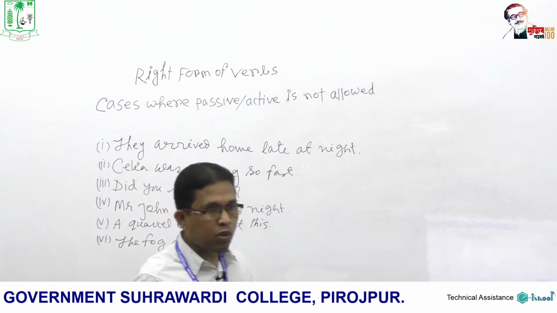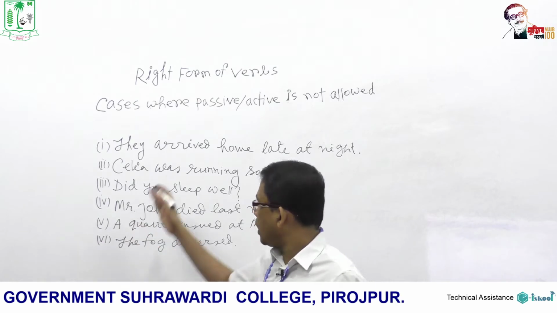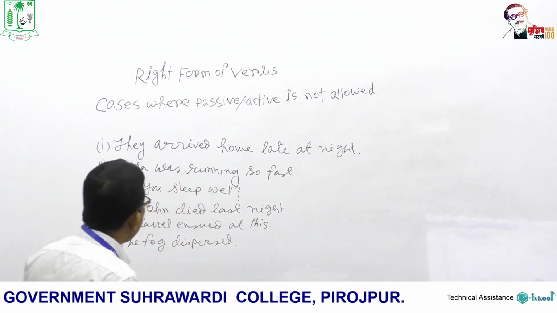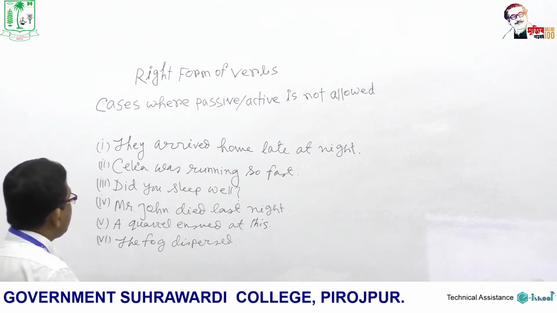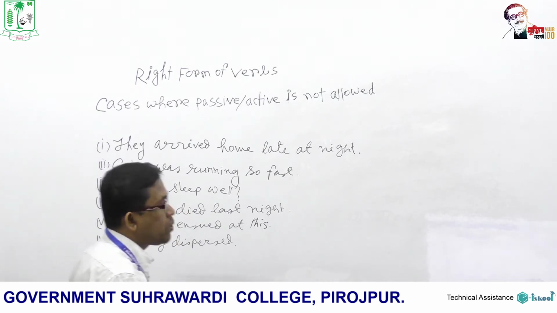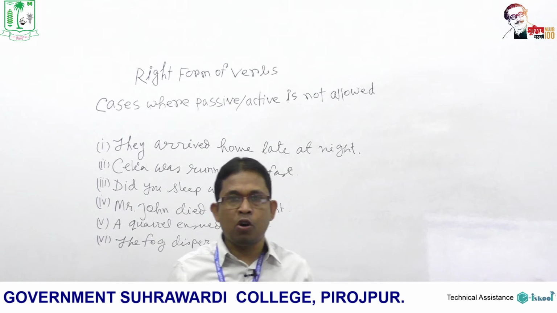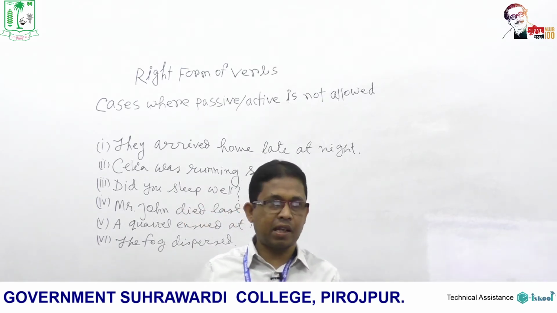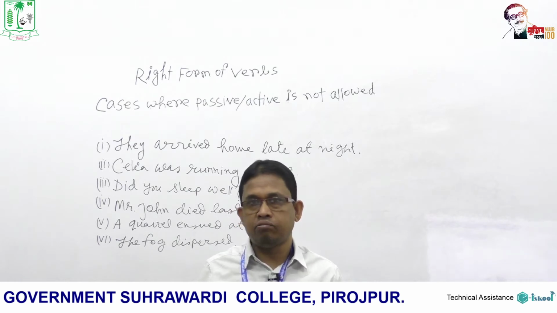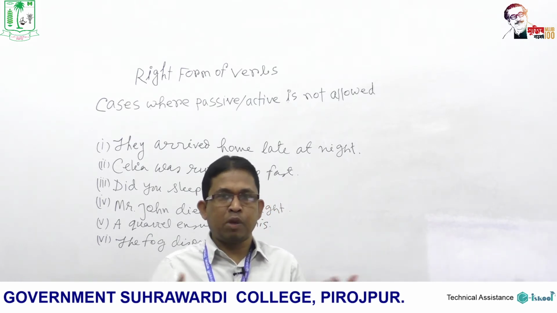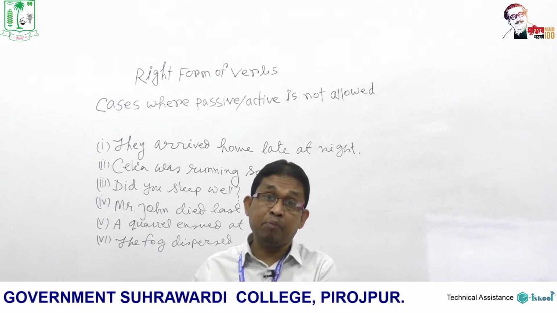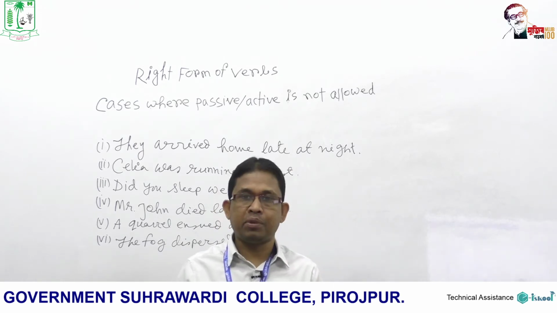Then you know that these 6 sentences are in active voice. What is happening here? Dear students, do you know what is a transitive verb? In our previous class, we learned that verbs may be of different types, transitive verb and intransitive verb.